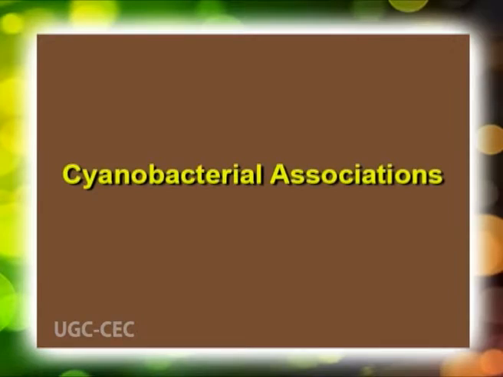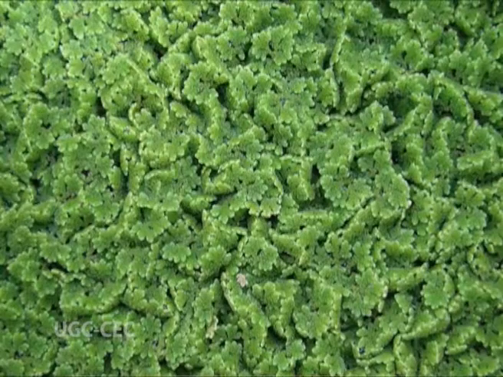Cyanobacterial associations. The photosynthetic cyanobacteria often live as free living organisms in pioneer habitats such as desert soils or as symbionts with lichens in other pioneer habitats. They also form symbiotic associations with other organisms such as the water fern Azolla and cycads.